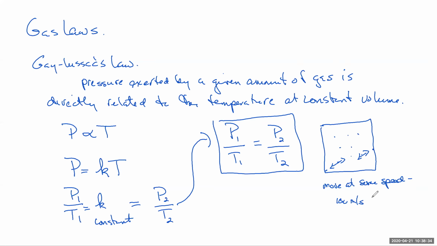If they're moving at 100 meters per second, there's going to be some number of collisions. If I raise the temperature, I'm going to increase the speed. And if I increase the speed to 150 meters per second, I'm going to get more collisions. If I get more collisions, I'm going to have higher pressure. So that is the rationale.